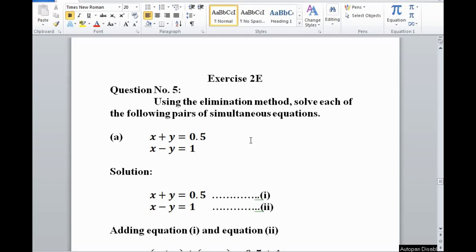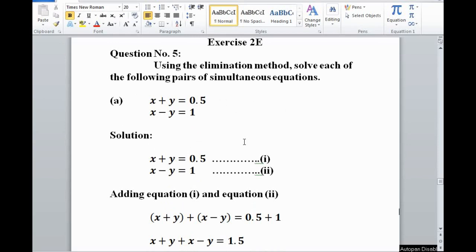Now, first part from this question, two linear equations are given in different variables. First equation, x plus y equals 0.5, and the second equation is x minus y equals 1. We know that the elimination method is usually used when the absolute values of the coefficients of one variable in both the equations are the same.